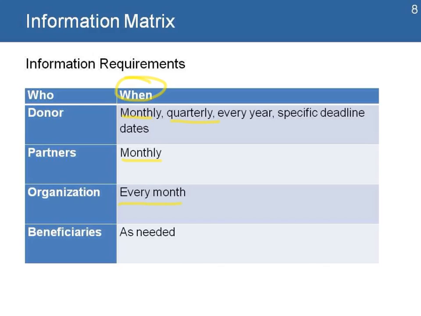Organization also needs it every month to align with some of the financial reports they need to make, and beneficiaries as needed to help them understand the project. When is also an opportunity for us to look of the timeline when some of these reports need to be produced and shared, and we're going to look at that a little bit later.